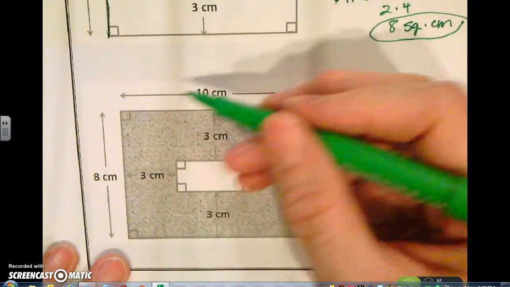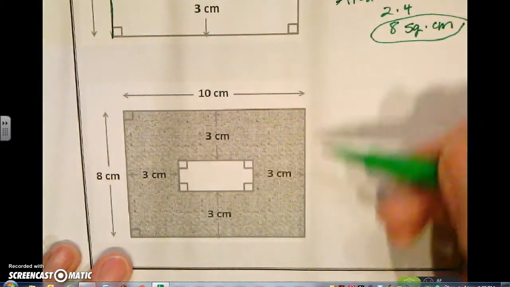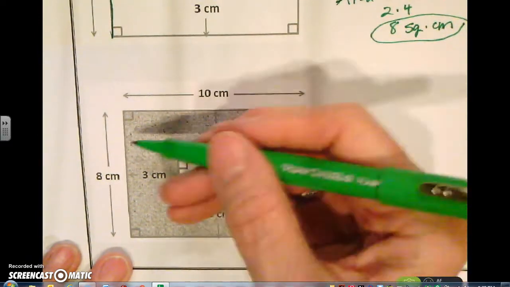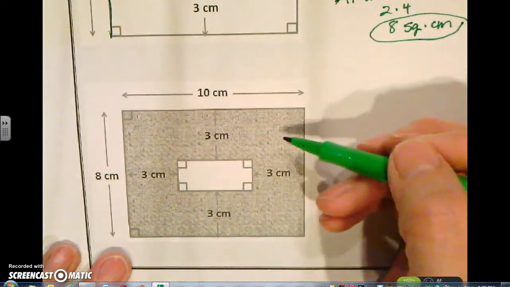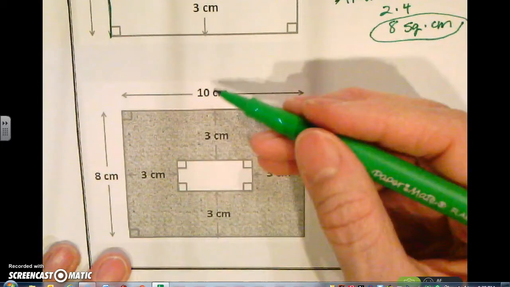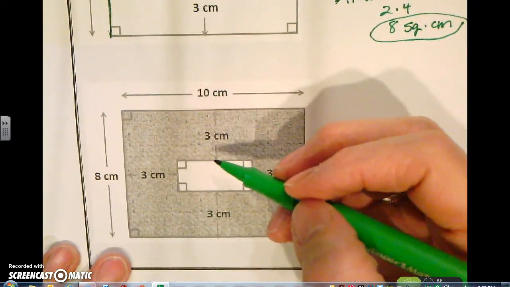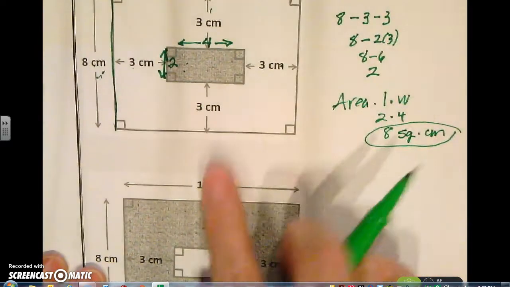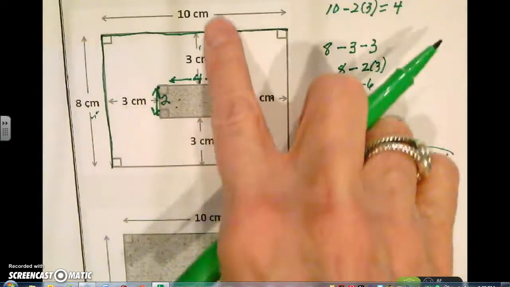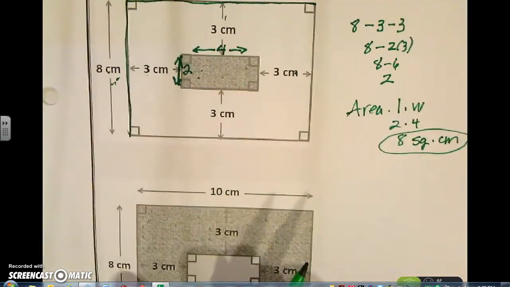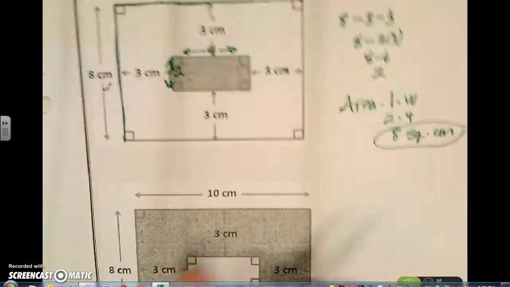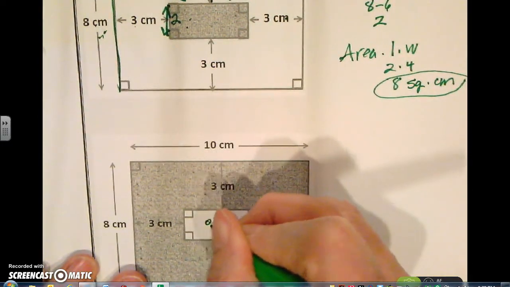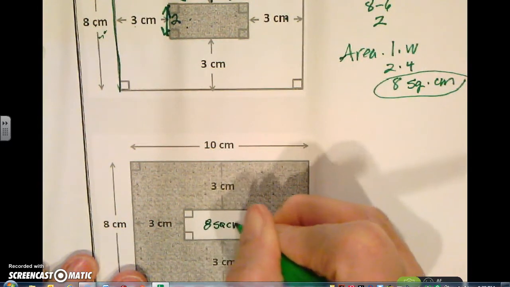So, you know, if this is 8 times 10 for the area of the big rectangle, and you can kind of picture that there, if I divided it and showed all my little rectangles, there's going to be 80 of the rectangles. 8 times 10 is 80 square centimeters. And we just found out, because if you notice, the numbers are all the same, 10, 10, 8, 8, all the 3s. So it's the same thing. We've already found that the area right here was 8 square centimeters.